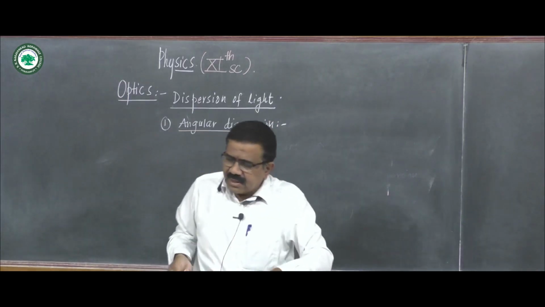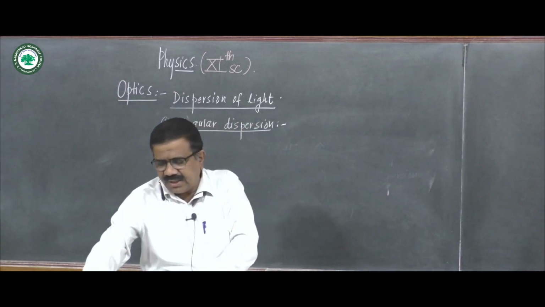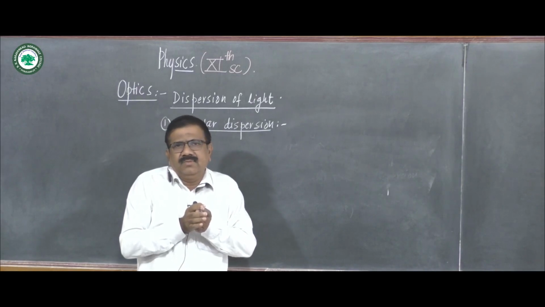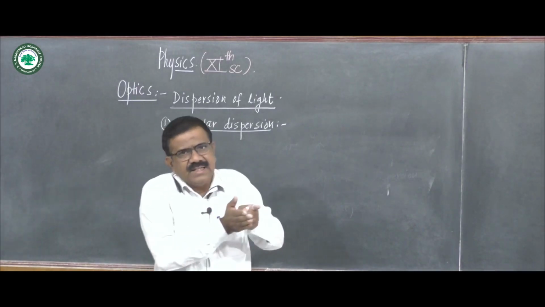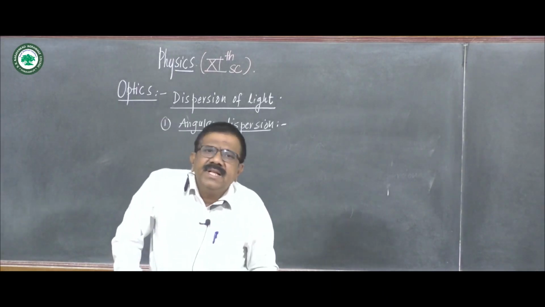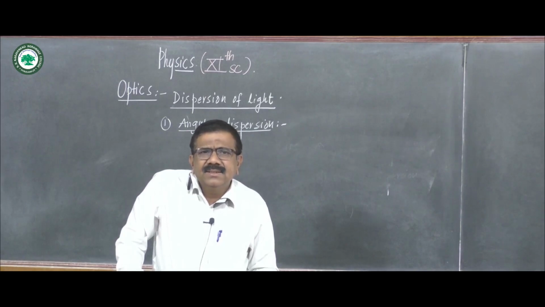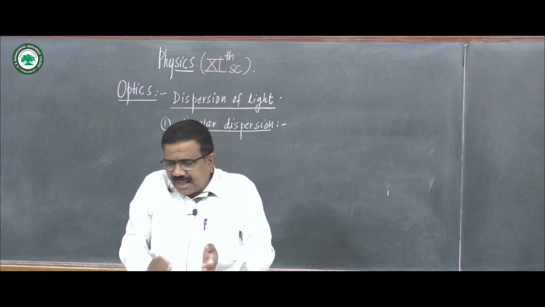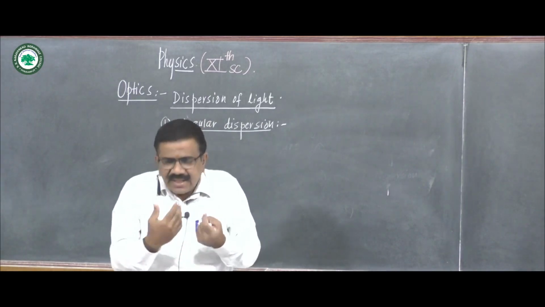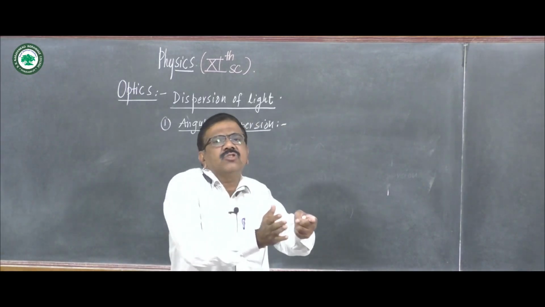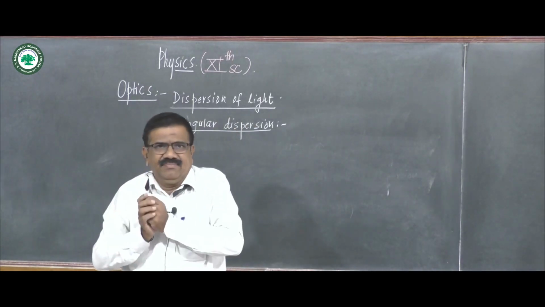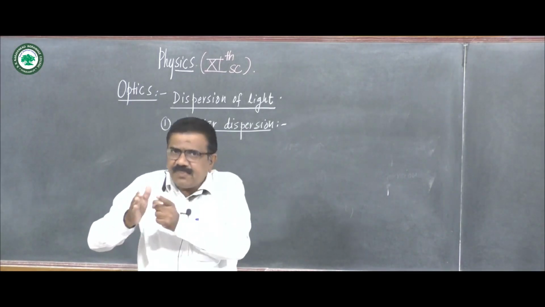Now, the color of light depends on the frequency of the wave. For different colors, frequencies are different. The refractive index of a material, that may be glass or water, also depends on the frequency of light.